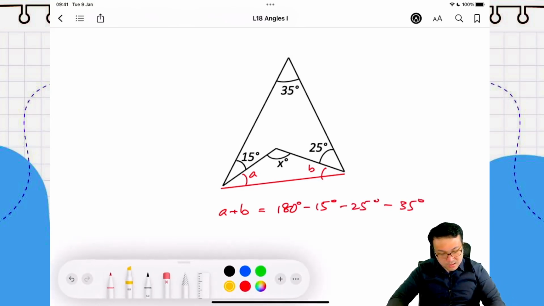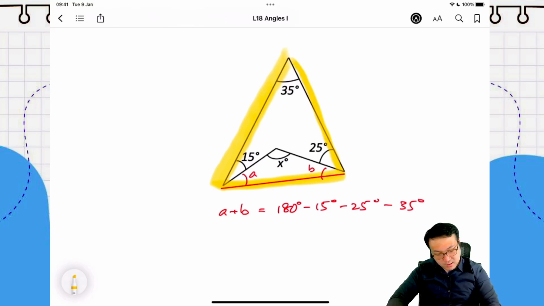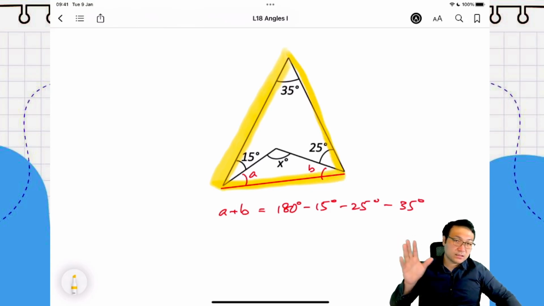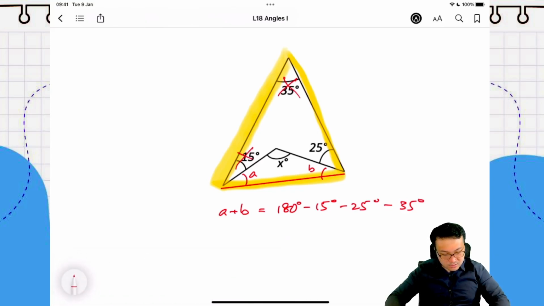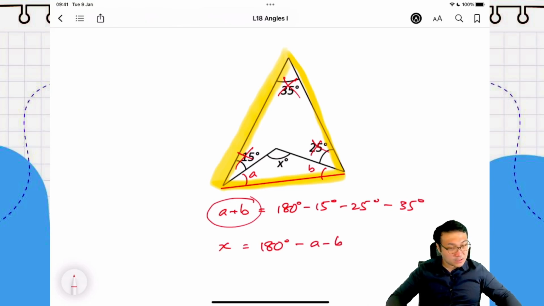Because he knows that this is a big triangle, and he knows that the total sum of all the angles is 180. So if you minus away this, this, and this, you will get the sum of A and B. Then later, in order to find X, just minus the sum of A and B. That's it. That's a viable method.